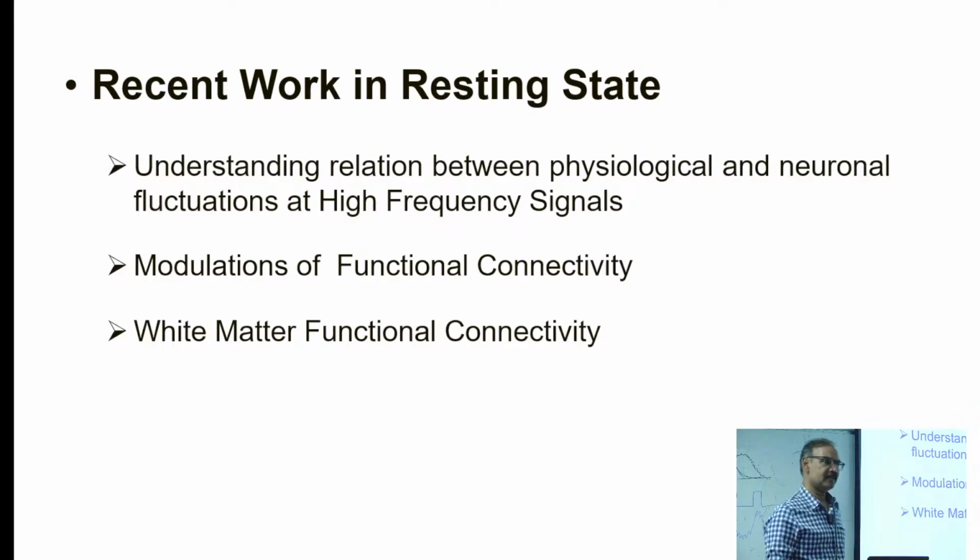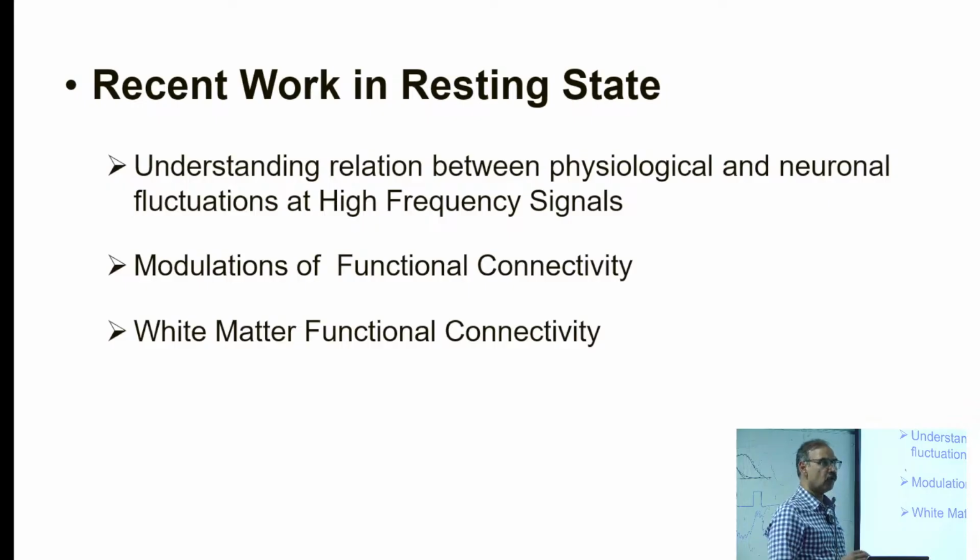The second is about dynamic connectivity. Yesterday and the day before, I tried to explain that the connectivity pattern between two regions, while we are getting correlation, that correlation is dynamic in nature and it changes as a function of time, right?